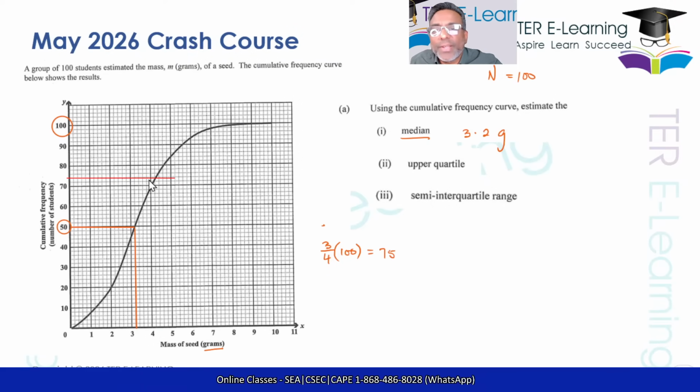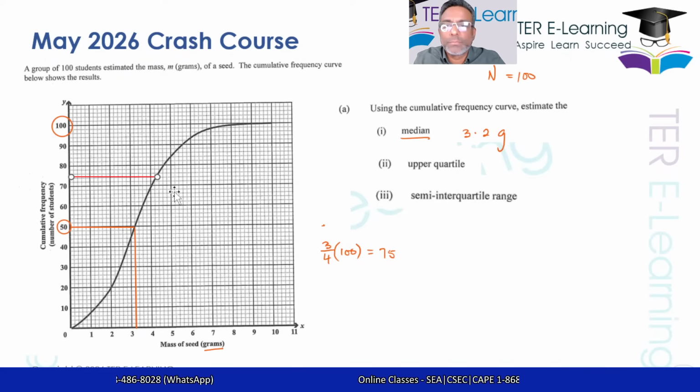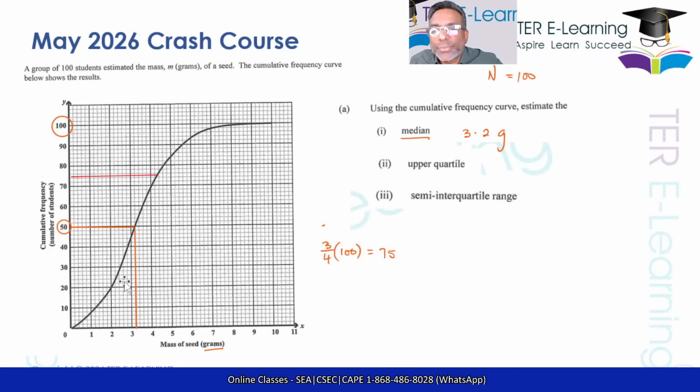Now, this graph here is a little twisted, so we're going to have to read it off like this. You read it off at 75.